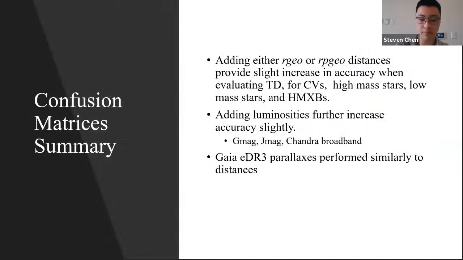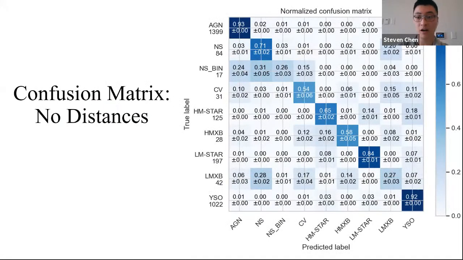When we run the pipeline on our training data set, we get these confusion matrices. We see the predicted classes on the bottom here, and we see the true classes of the sources on the side.